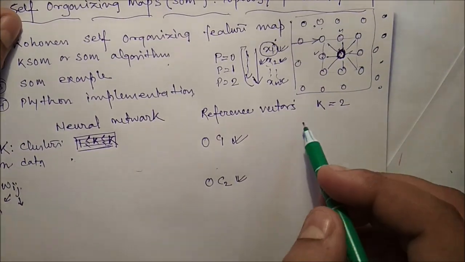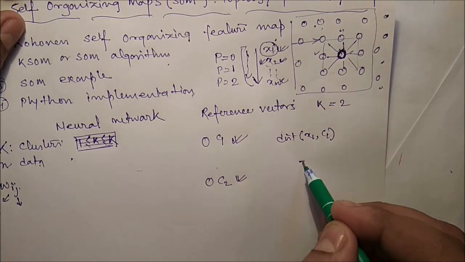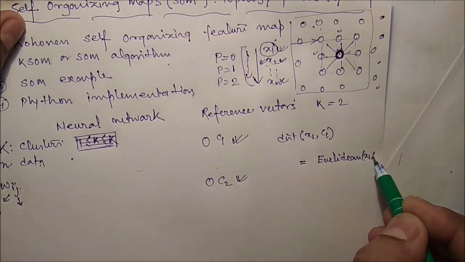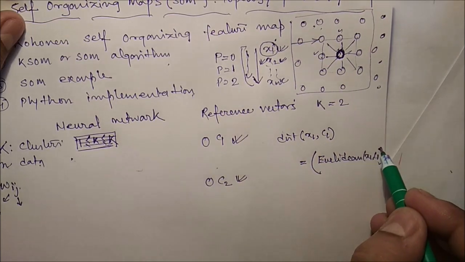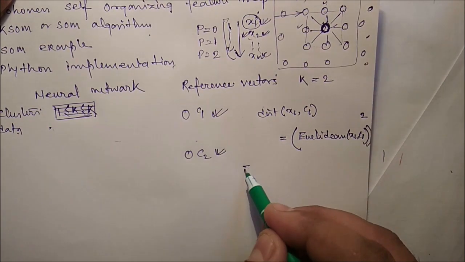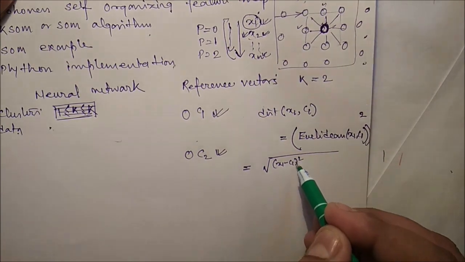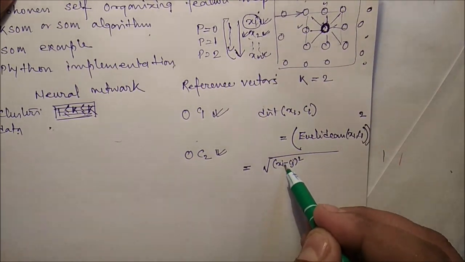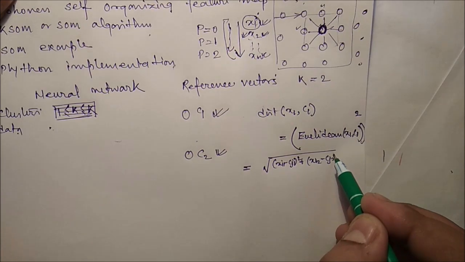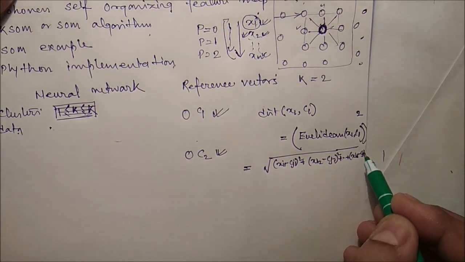Already you know the Euclidean distance, the distance between the data and the center. Generally we use Euclidean distance, for example between x1 and c1. Now here we use the square of the Euclidean distance. The Euclidean distance is the square root of (xi1 minus cj1) square plus (xi2 minus cj2) square plus (xid minus cjd) square.